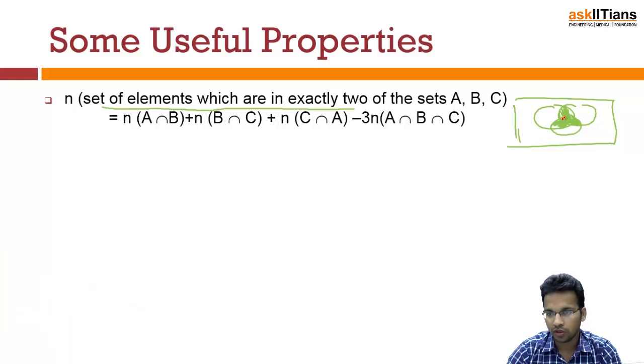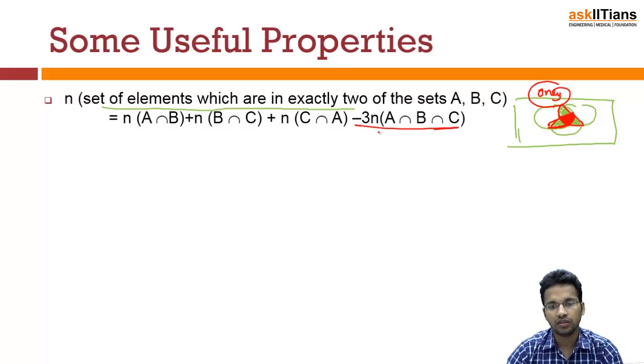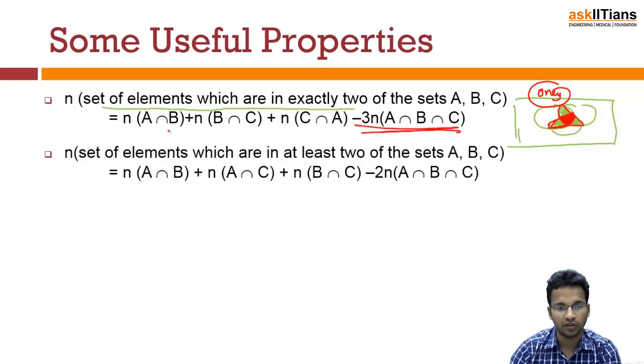This part I want to subtract from all the things. Once you add the green part, it will be added thrice, right? So if you subtract this part thrice, you will only get the green part. We need only green. For only green, if you are considering 2 at a time, this will be taken care of, so this will be extra, then again this will be extra, 3 times extra. So that's why 3 times this is subtracted, so exactly 2 it will give.